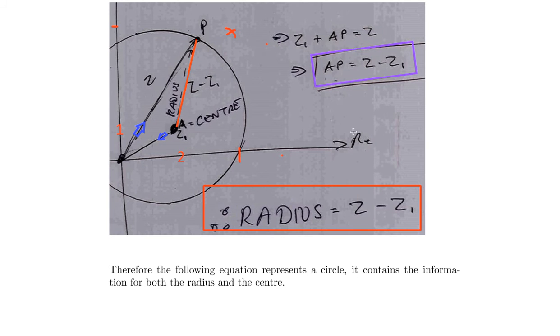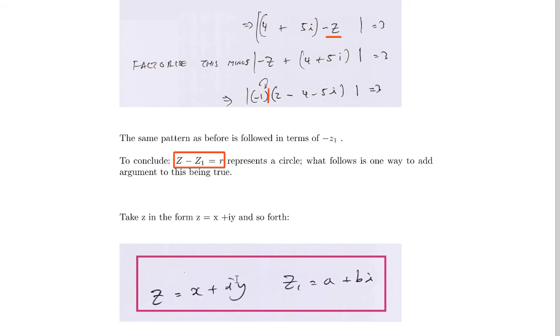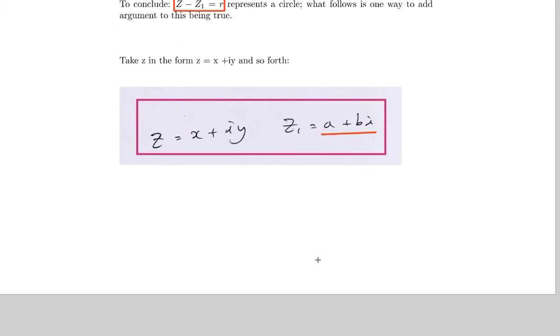We consider the real part as x and the imaginary part as y, so x plus iy represents any value of z completely. And, as we've discussed in past videos, a plus ib is another way of writing a vector-esque value in the complex plane, z1. We're going to implement these two into our equation.